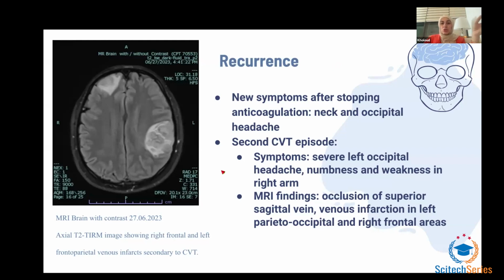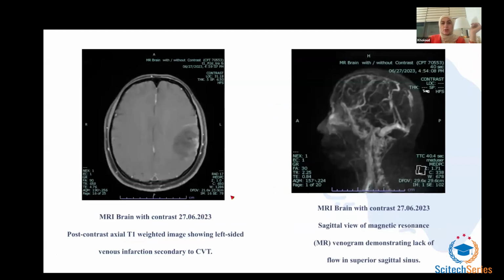So the new MRI showed occlusion in the superior sagittal vein and venous infarction in the left parieto-occipital and right frontal areas, as we can see here. This was halfway through 2023. So 6 months after she took the treatment and 20 days after she stopped it.